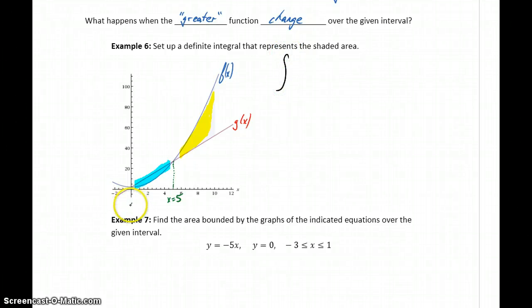The first will evaluate from 0 to 5. On that interval from 0 to 5, g of x is taking on the larger function values. So we would write this as the integral of g of x minus f of x dx.